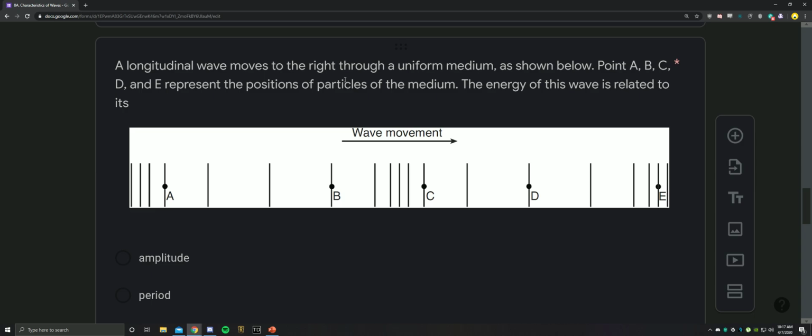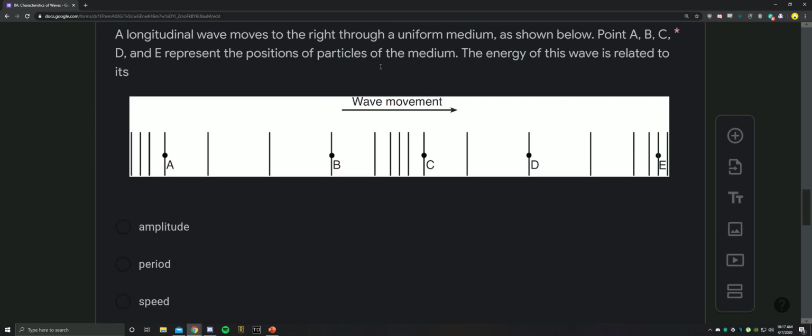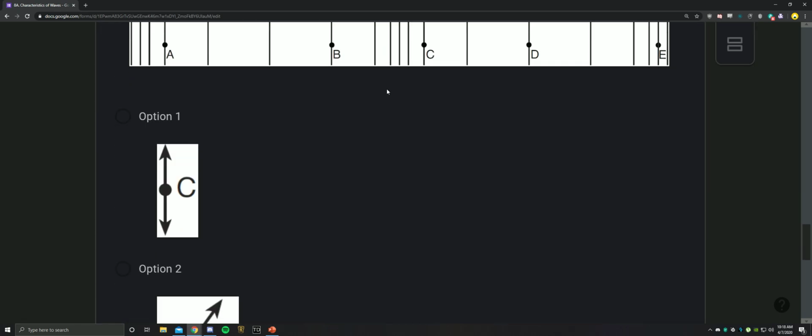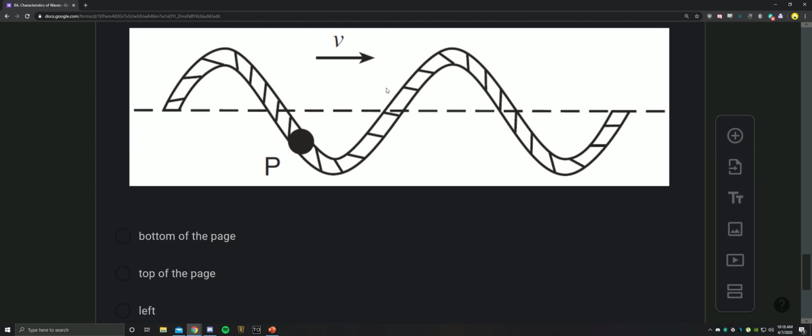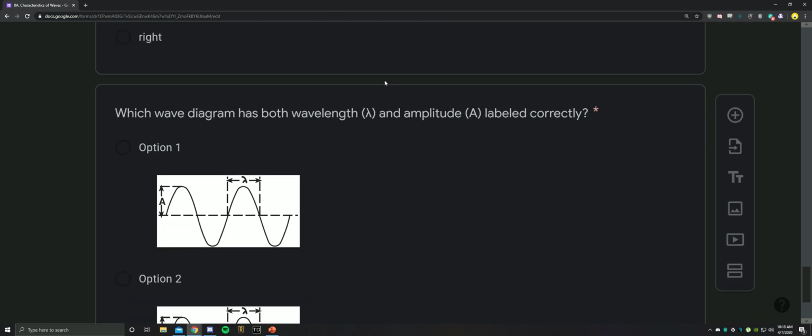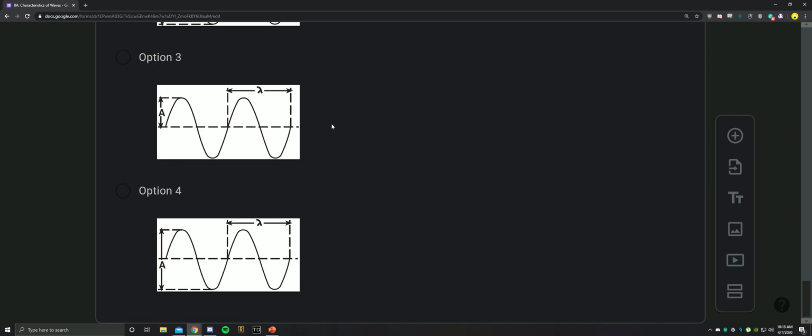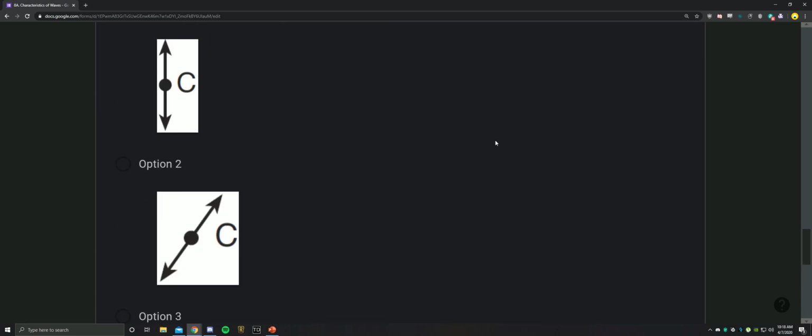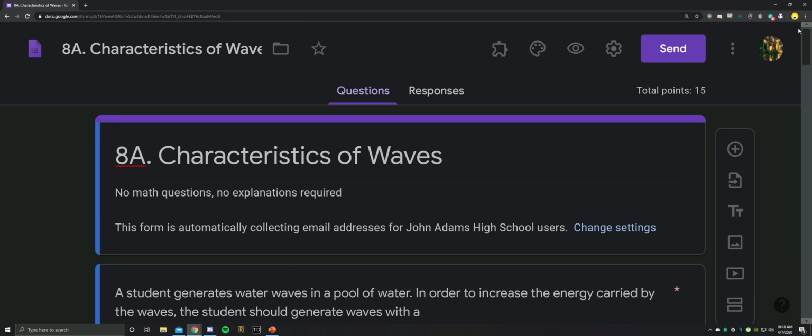This should be easy. We talked about this as well. All right. All these questions should be fine. If you have any questions, just give me a comment and I'll help you. But they should be fine overall.